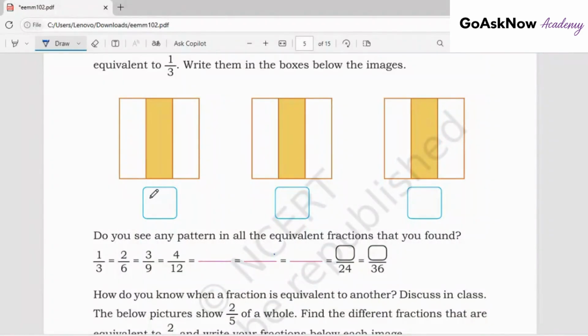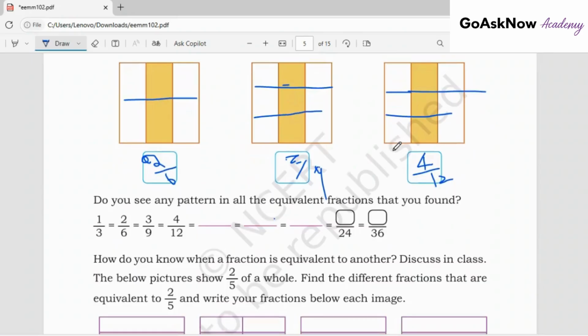Let us take 2 by 6, taking a line mark, then 3 by 9, then 4 by 12.